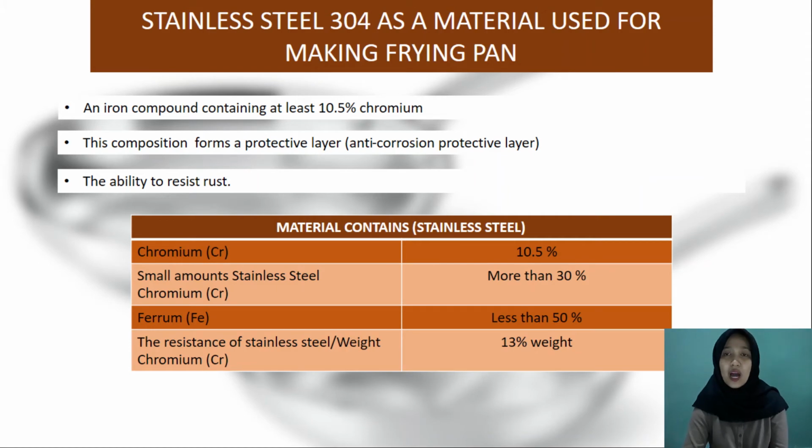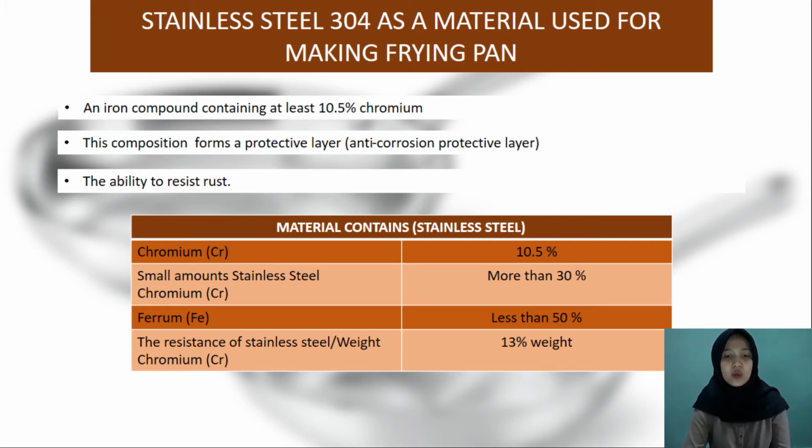We also have to know more about stainless steel itself. What is stainless steel? Stainless steel is an iron compound containing at least 10.5% chromium to prevent corrosion and rusting of metal. Its composition forms a protective, anti-corrosion layer, which is the result of oxygen oxidizing the chrome, occurring spontaneously. Next, let's look at the contents of stainless steel.